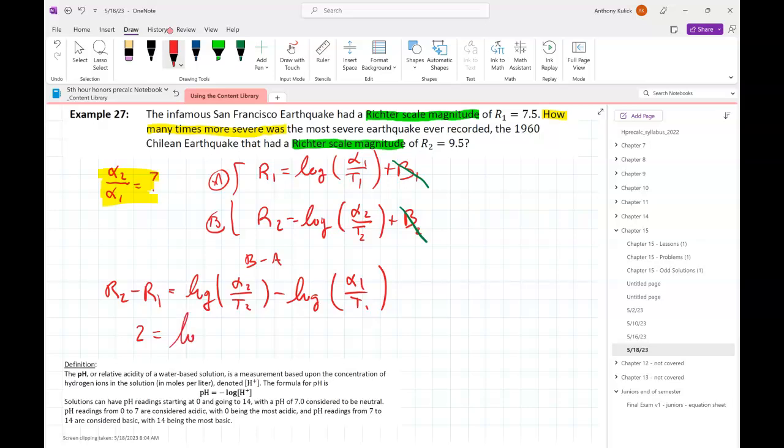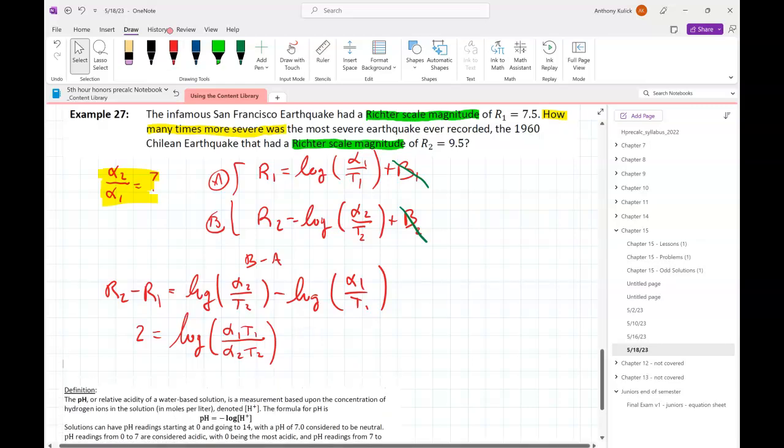And if we apply the quotient property for logarithms, we can say that, right? Okay.